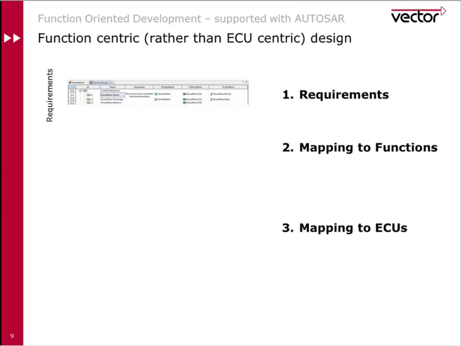So AUTOSAR has a concept for designing software in this way, and essentially it starts with the software requirements. So we have a requirement for a new feature, and I always like to use an example of tyre pressure monitoring. In the UK, tyre pressure monitoring became mandatory as of 2014, and this means that any OEM designing a new vehicle has to put tyre pressure monitoring into that vehicle.